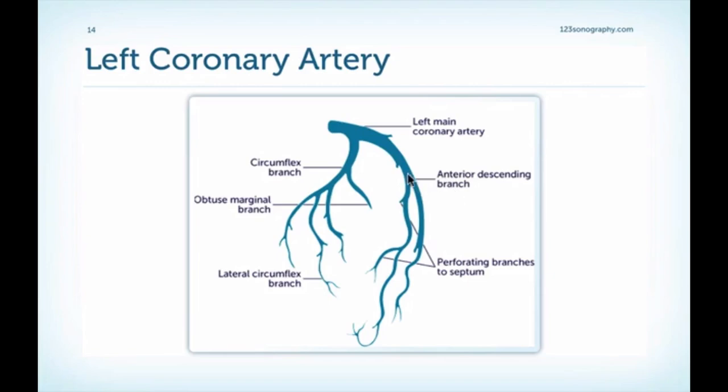The LAD has diagonal branches, which supply the anterior wall and also parts of the lateral wall, and septal branches which supply the anterior septum. The circumflex branch has obtuse marginal branches and the lateral branches, and they supply the lateral wall of the myocardium.